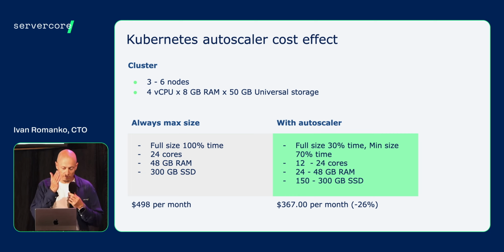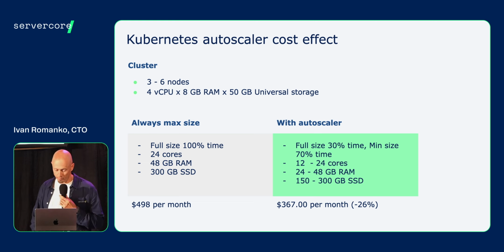If the cluster is full size, 100% of the time you pay almost $500 for a cluster of 6 nodes, 4 CPUs, 8 GB of RAM each. If you are enabling an autoscaler, and it will allow you to shrink the consumption to be full size only 30% of the time, this cost will be as follows.